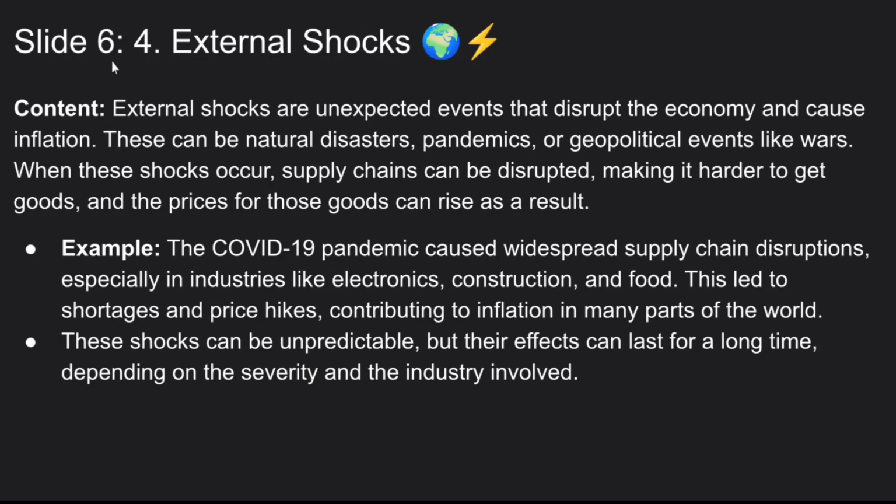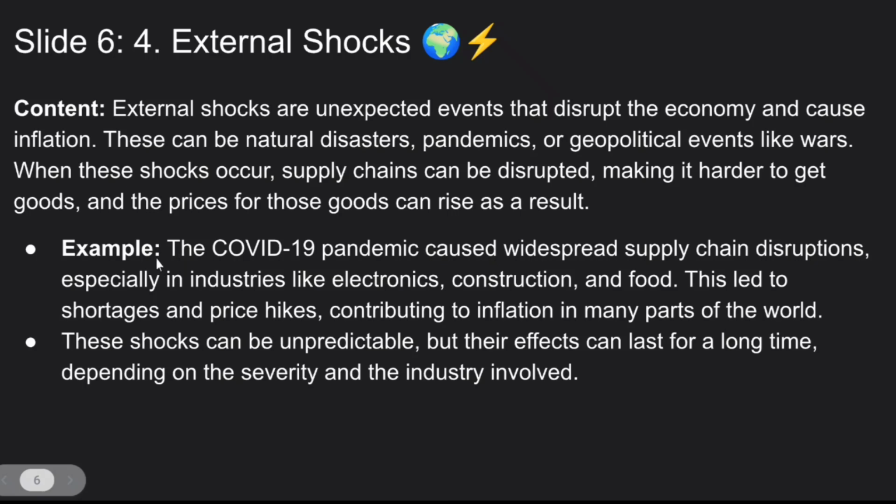Then we can talk about external shocks. External shocks are unexpected events that disrupt the economy and cause inflation. These can be things like natural disasters, pandemics, or geopolitical events like wars. When these shocks occur, supply chains can be disrupted, making it harder for goods and services to be at the price that they used to be, right? The prices can rise, it's harder to get these things.